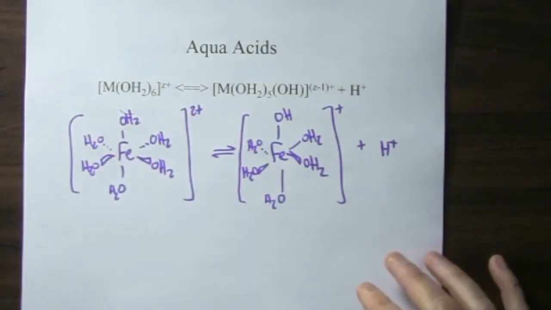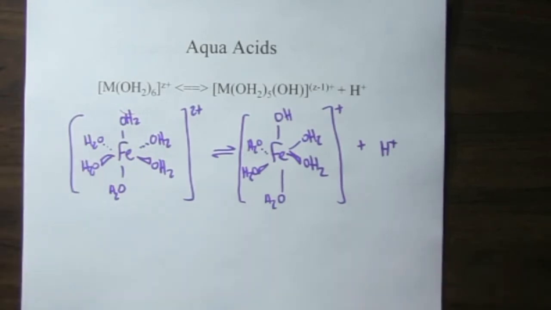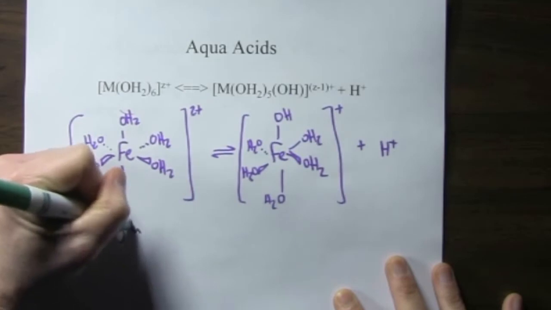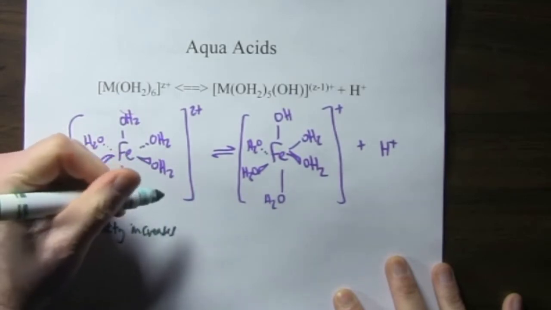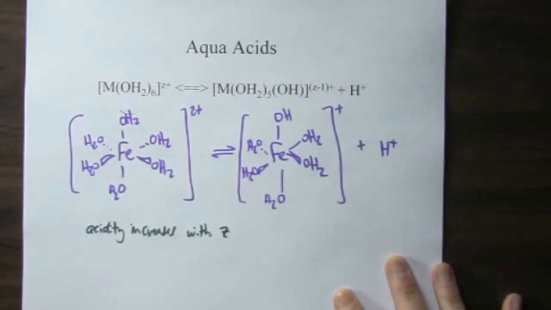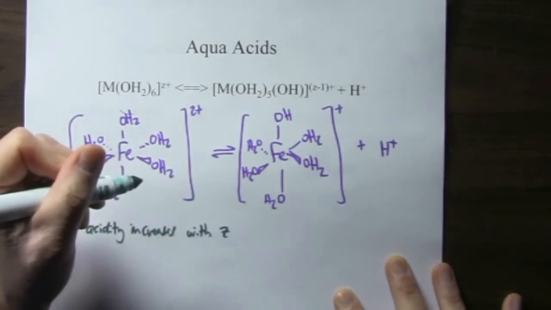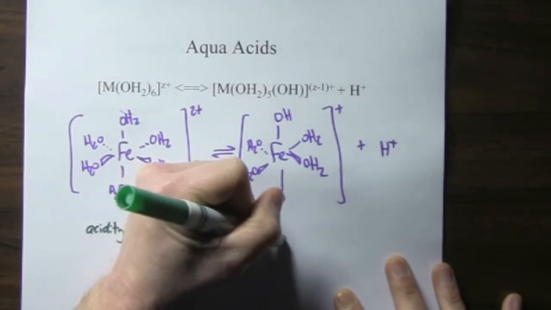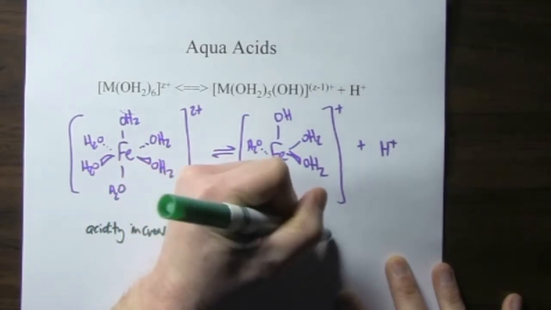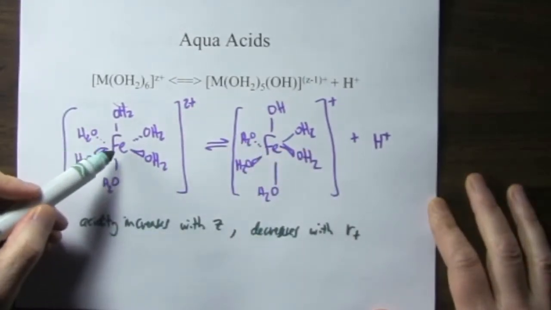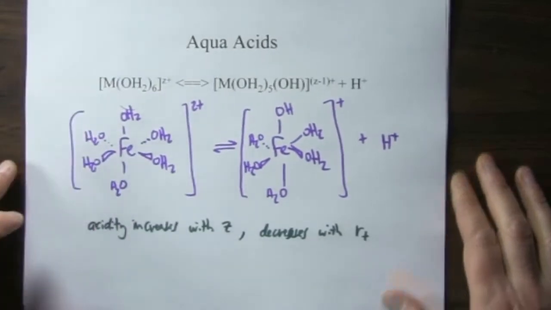And the trend is that the acidity here is going to depend on the charge and the size of the metal ion: acidity increases with the charge and decreases with the size. So you'd expect small, highly charged metal ions to be more acidic.